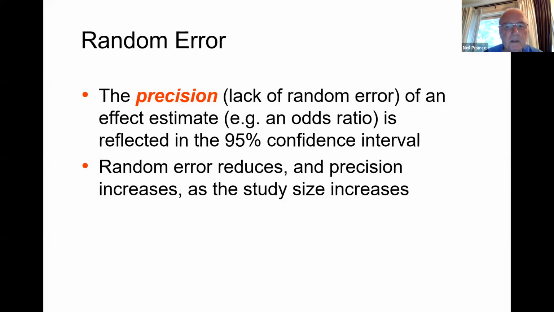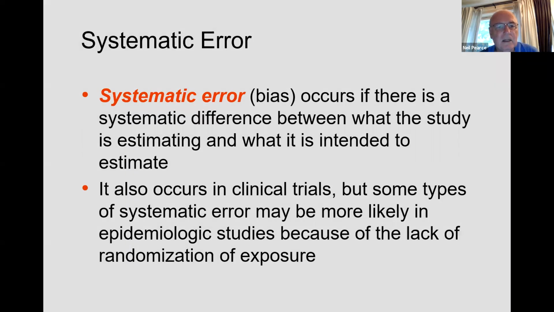So the precision, or lack of random error, of an effect estimate is reflected in the 95% confidence interval. And random error reduces and precision increases as the study size increases. So random error is always with us, and we can never eliminate it completely, but we can reduce it by doing a larger study.